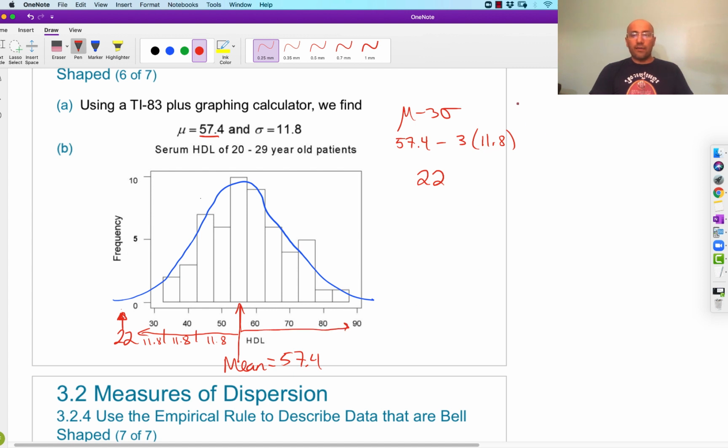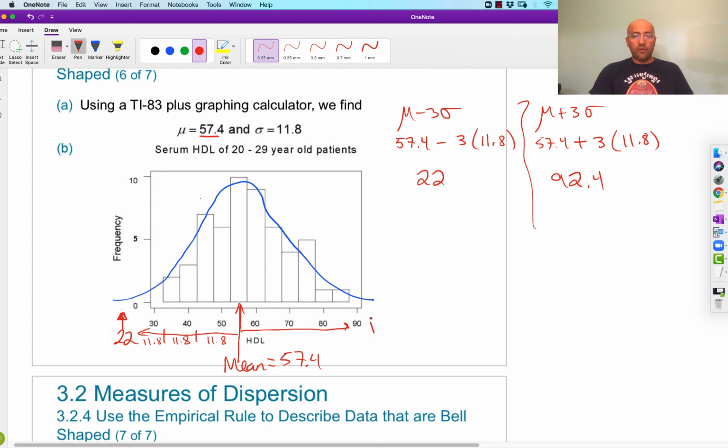We need to find mu plus 3 sigma, which will be 57.4 plus 3 times 11.8. This equals 92.4.